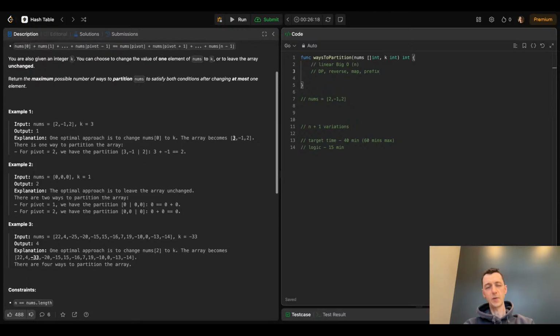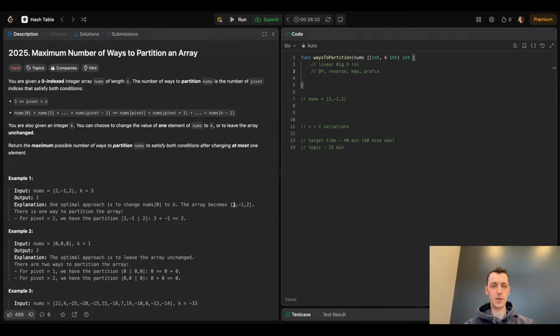Let's say we still count the partitions in linear time. Can we count them for each value?